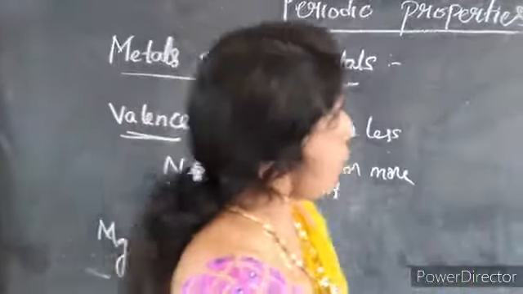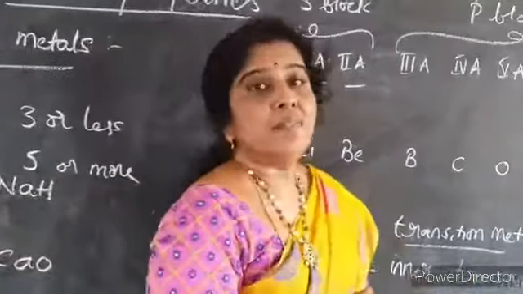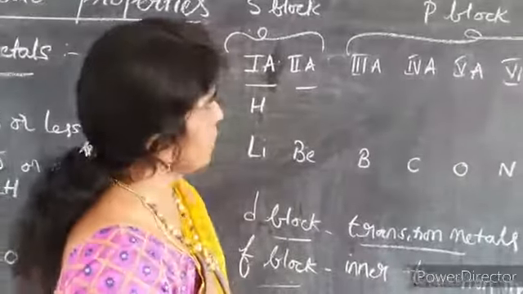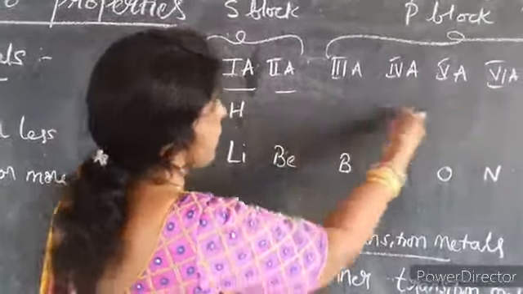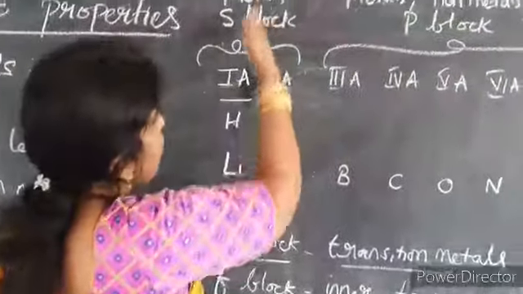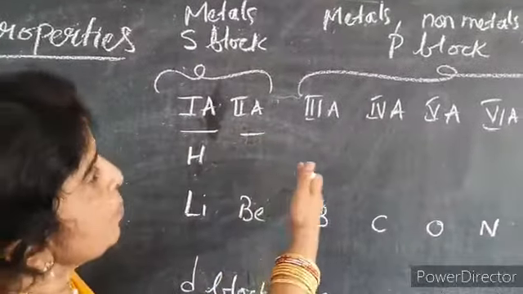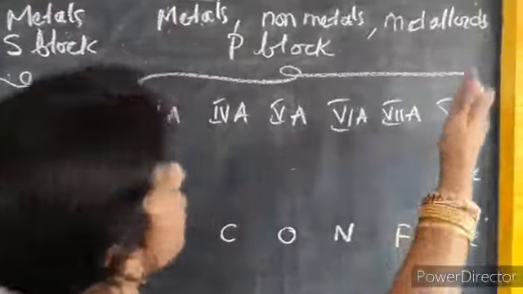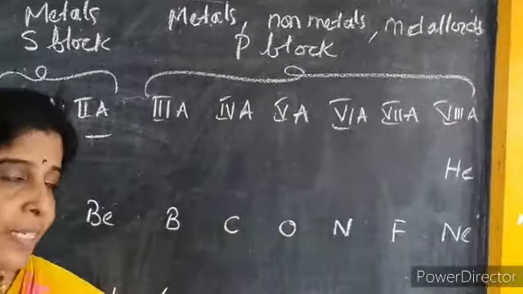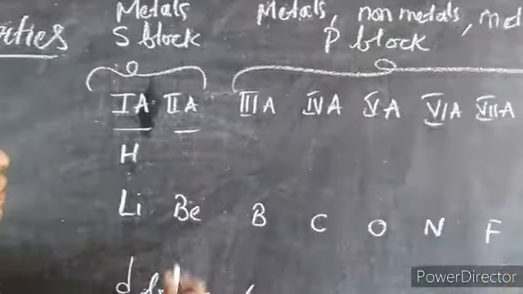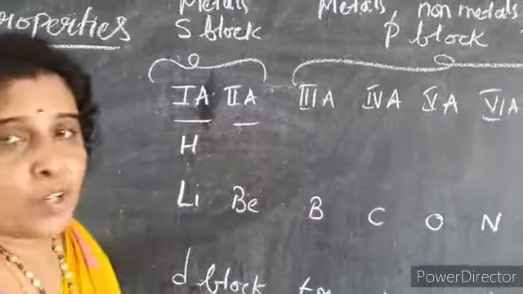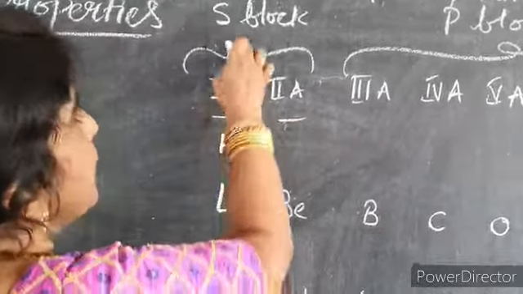In another way also we can calculate the valency of the elements. Now these are the 8A groups. Can you see? In the S block you have 1A, 2A, and in the P block you have 3A to 8A. You can look at the periodic table as well. Now what is the group number here? 1A, it is 1.